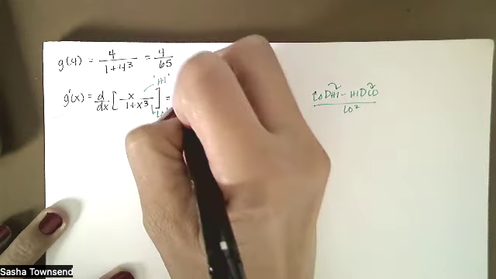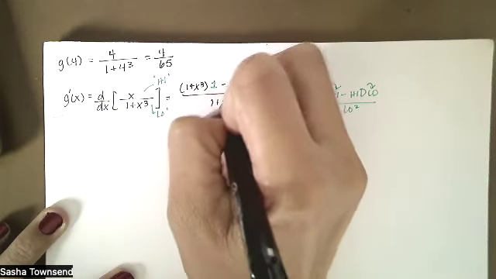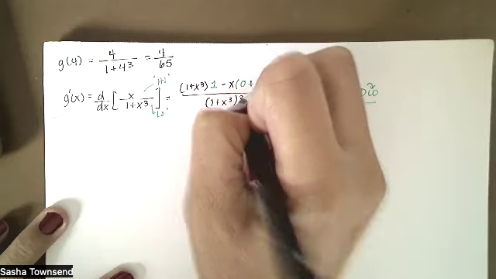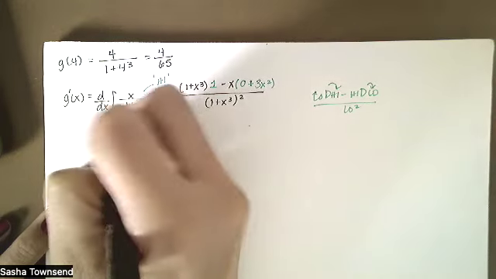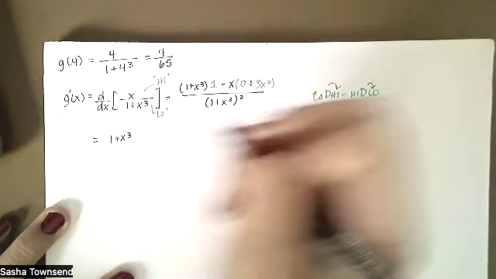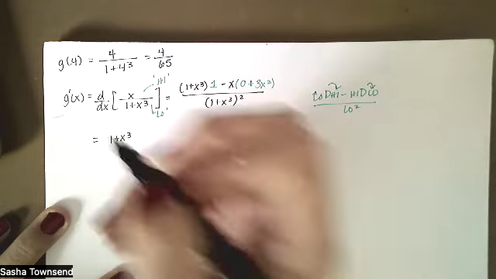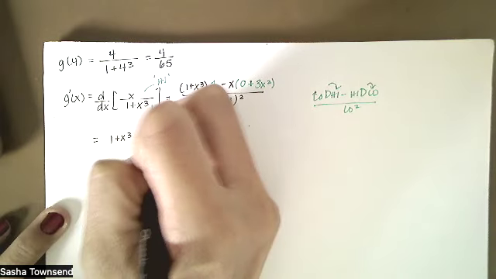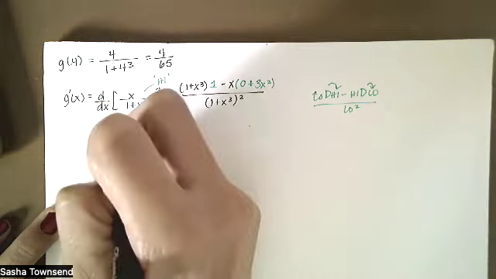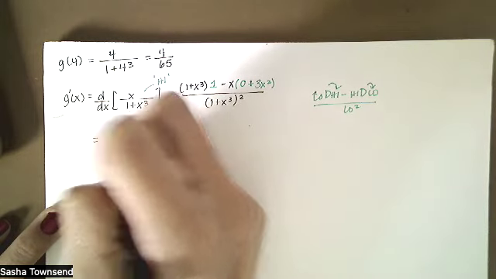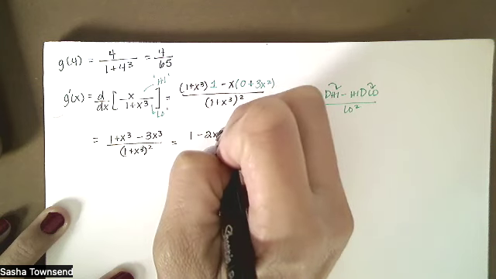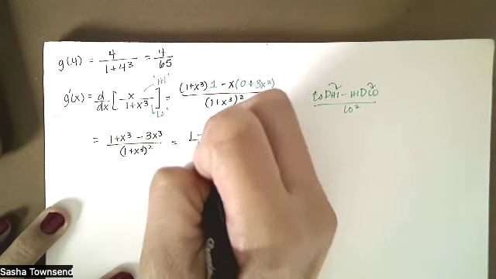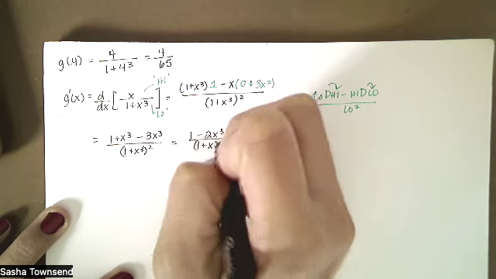And then we divide by 1 plus x cubed quantity squared, and then simplify. You've got 1 plus x cubed in the numerator, minus x times 3x squared is going to be minus 3x cubed. So that numerator simplifies to 1 minus 2x cubed divided by 1 plus x cubed quantity squared.